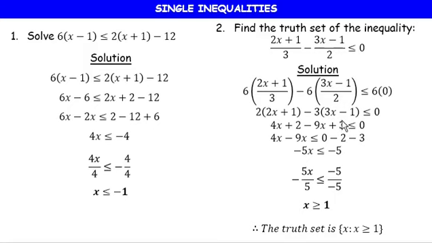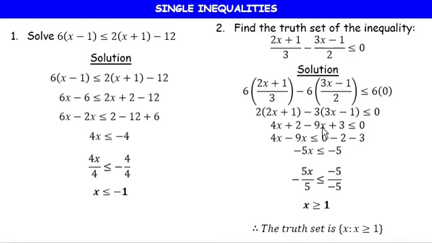Then we'll come to this second bracket here. Now let's take note of something here with respect to the operations. Negative 3 times 3x gives us negative 9x. Negative 3 times negative 1 will give us positive 3. Right? So when a negative number multiplies another negative number, it gives you a positive product.